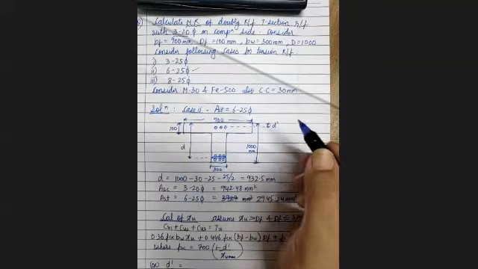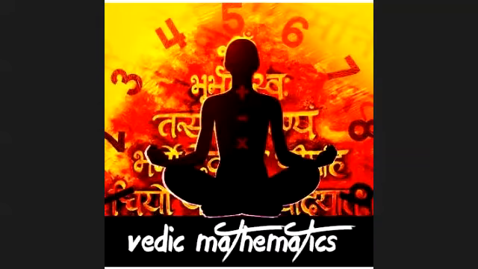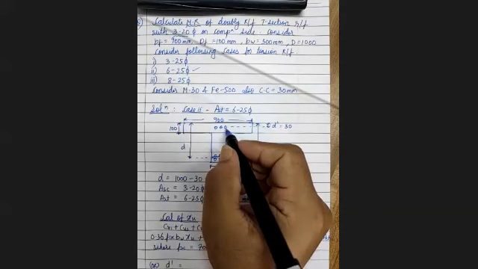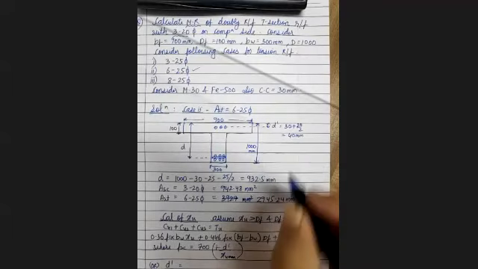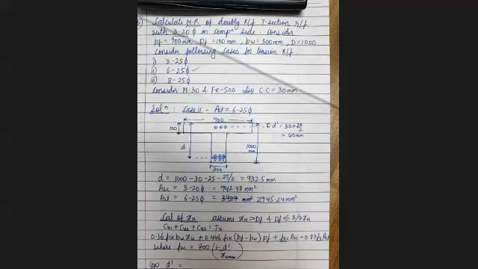The clear cover is given as 30, and the diameter is 20. So 30 plus 20 by 2 is 40. When the clear cover is given to you, you can find out the effective cover. So tell me the d dash by d ratio.